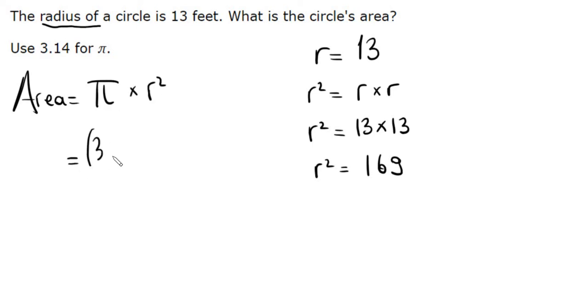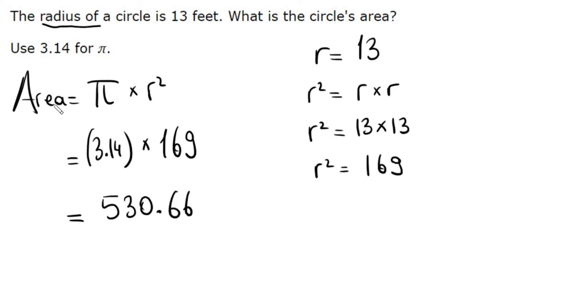Pi is 3.14, times r squared, which is 169. So 3.14 times 169 is 530.66. So the area of this circle is 530.66 square feet.